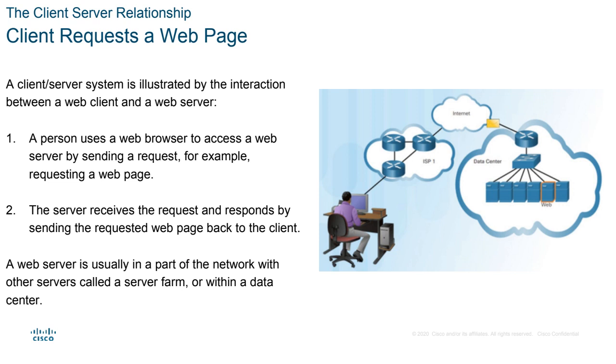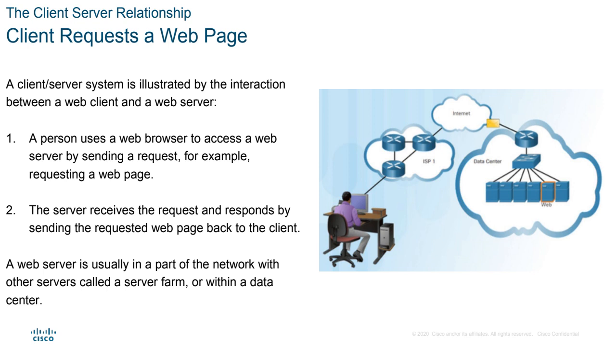So here is an example. We have the client, the end user, requesting a web page from the web server. He opens his Google Chrome or Microsoft Edge and sends the request. The server on the other side receives the request and responds by sending the requested web page back to the client.